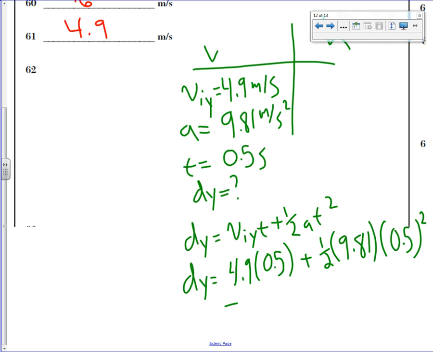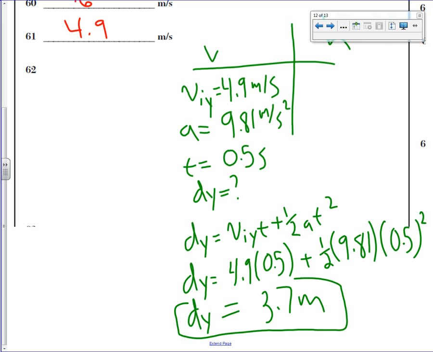You do that out on your calculator, and it turns out to be 3.7 meters. So you would circle that.